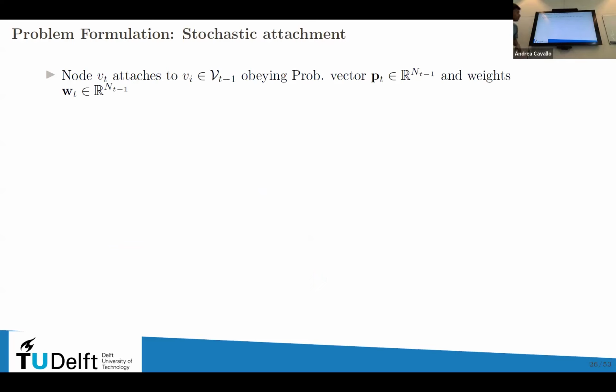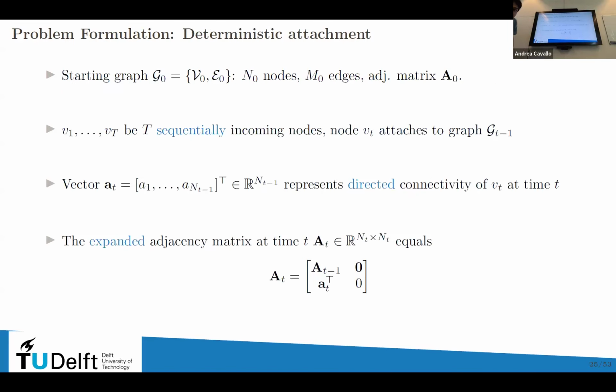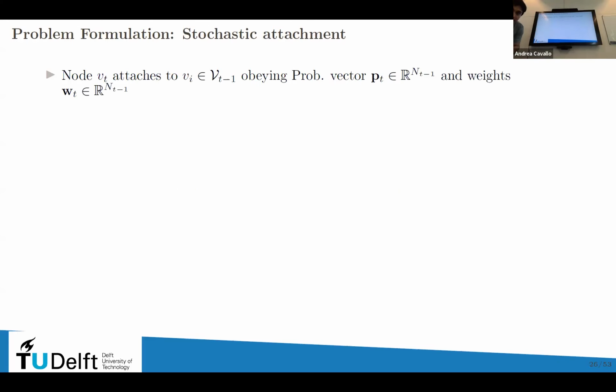So what do we do in the case of stochastic attachment? This was directed attachment: you have a_t, you add it, you do your filtering, and you move on. But in the case of stochastic attachment, we had a probability vector and a weight vector. So now this v_t also has a probability vector and a weight vector.